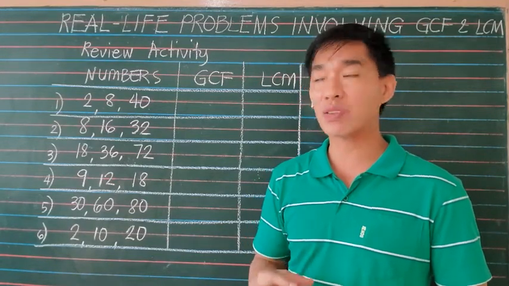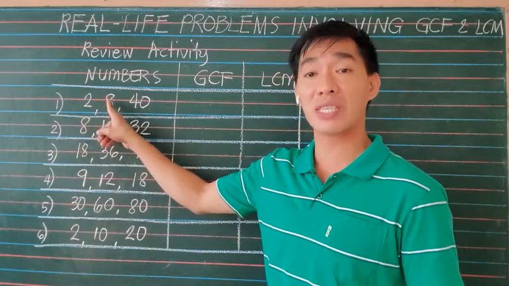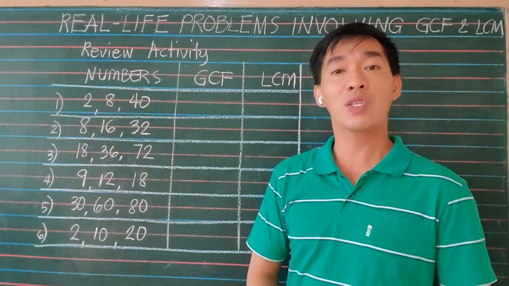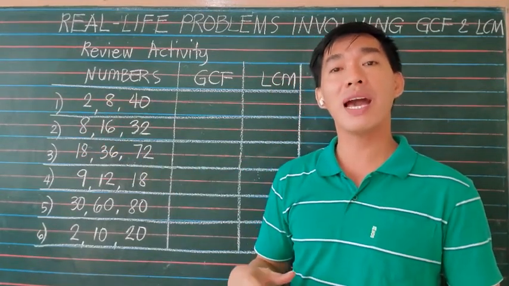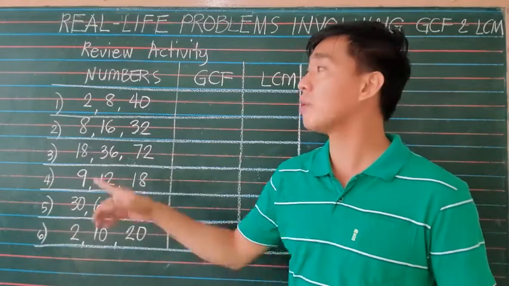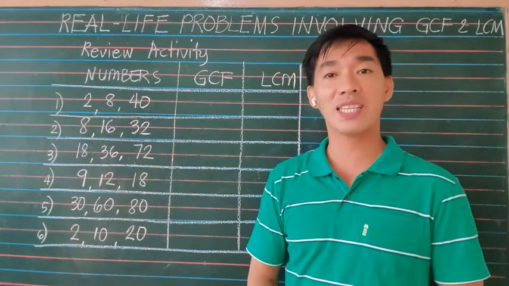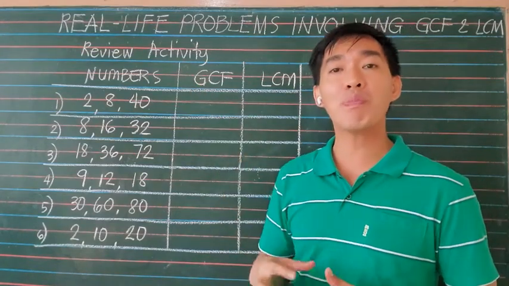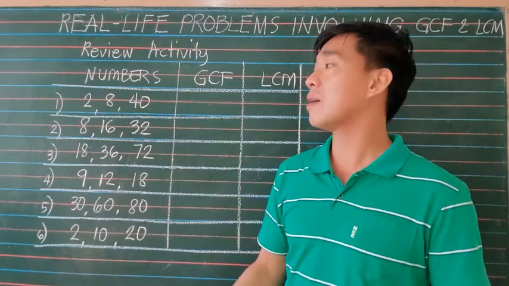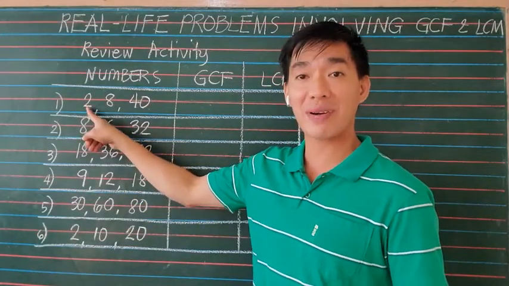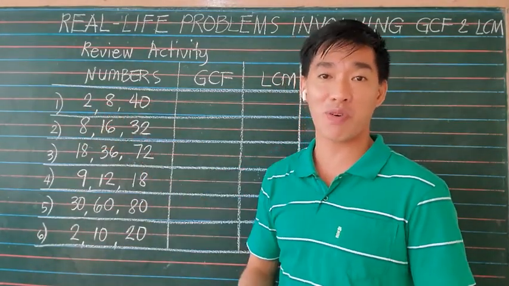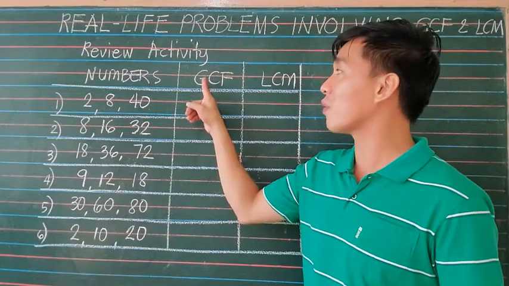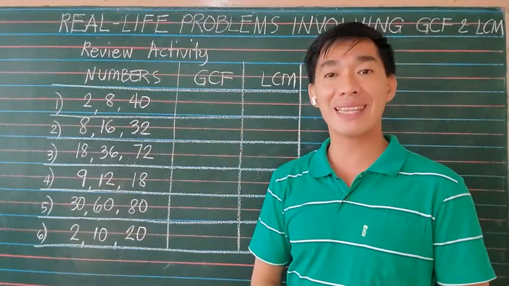What factors do you see in 2, in 8, and in 40? Then if you already have the set of factors which is common to all of them, the next thing that you have to do is to look for the greatest. What is the greatest factor that you see in 2, in 8, and in 40? That's what we mean by greatest common factor using the listing method.